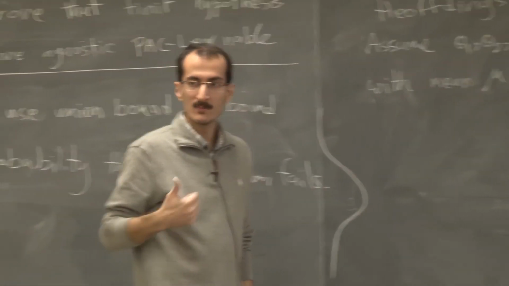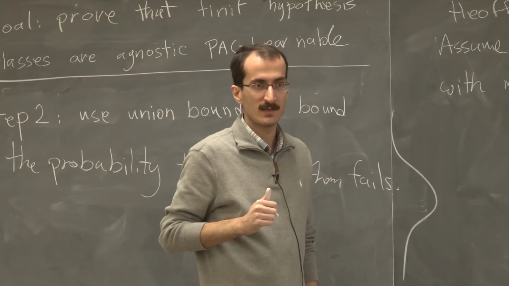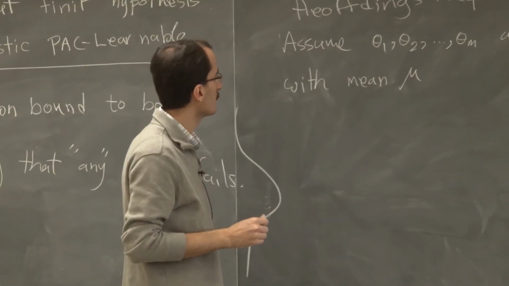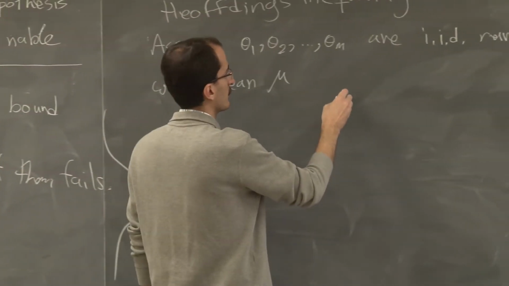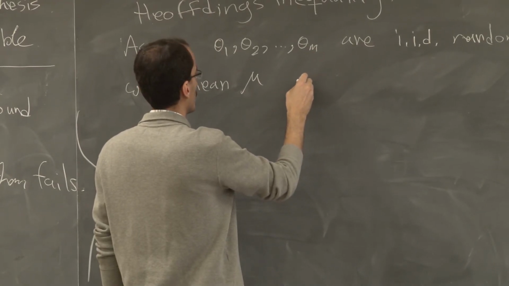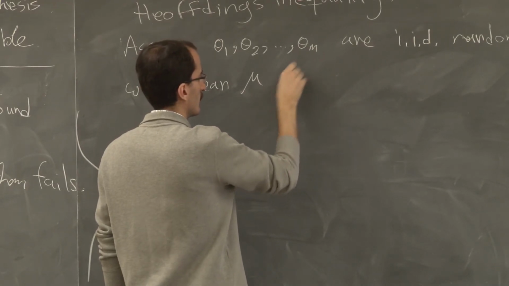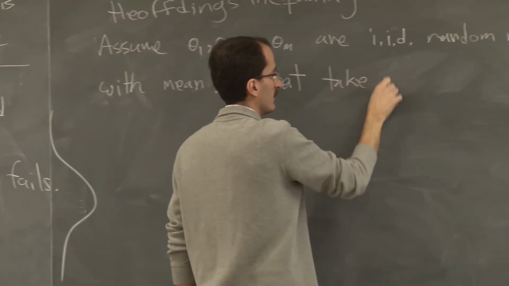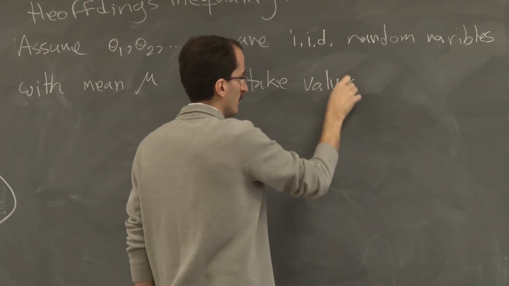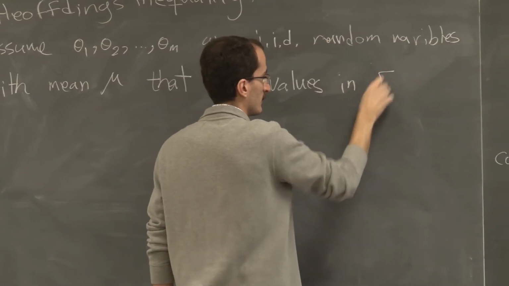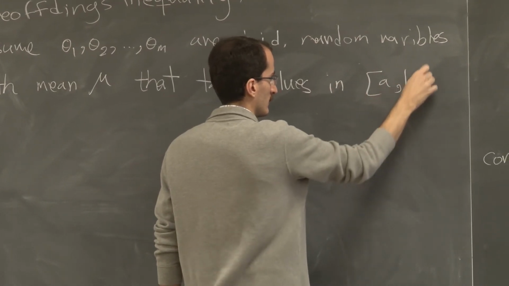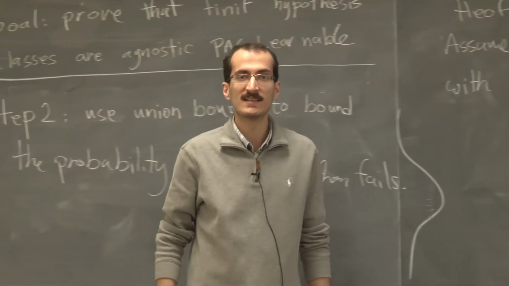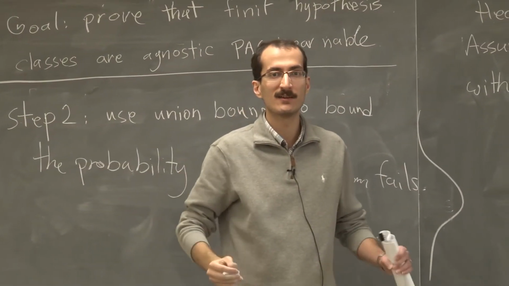And we have one more additional assumption that is very important: that they take values in [a, b]. So basically, we are assuming that they are bounded.